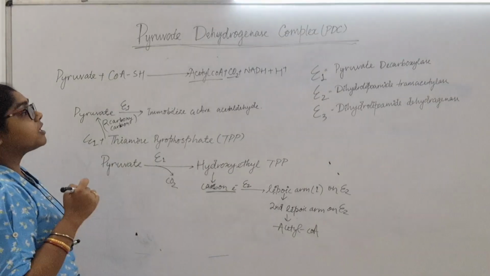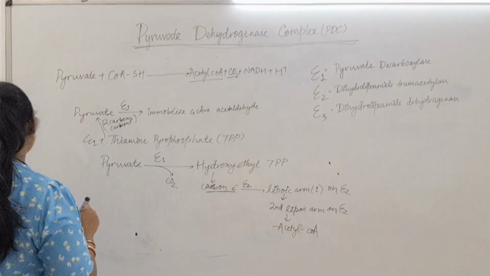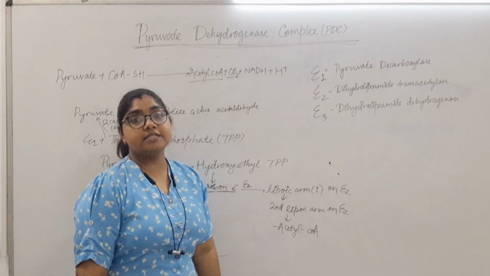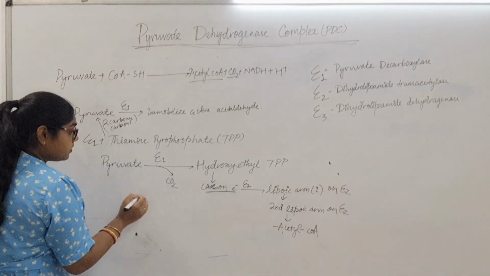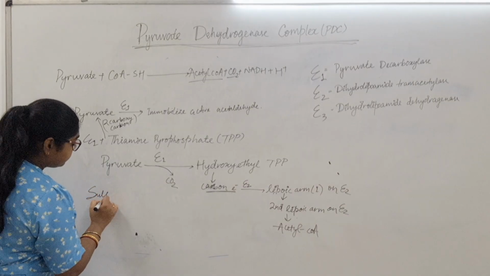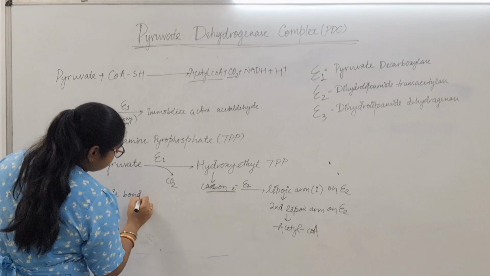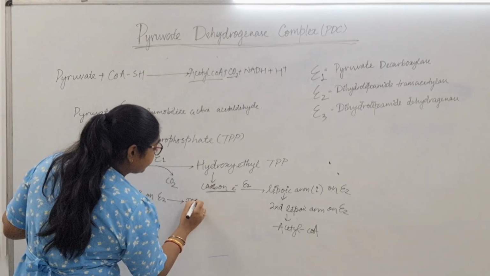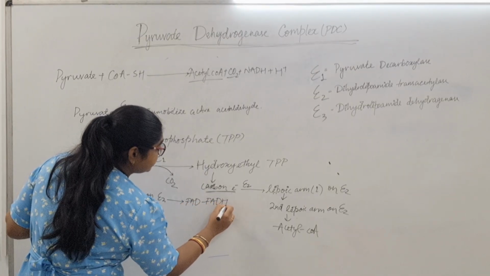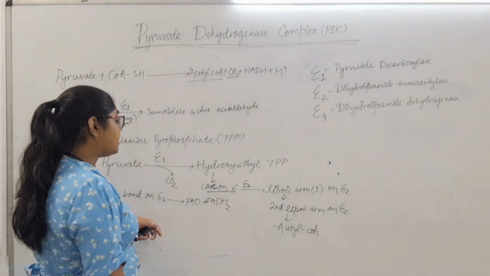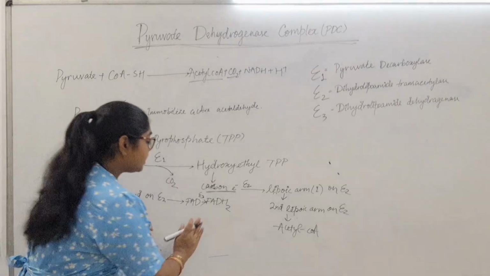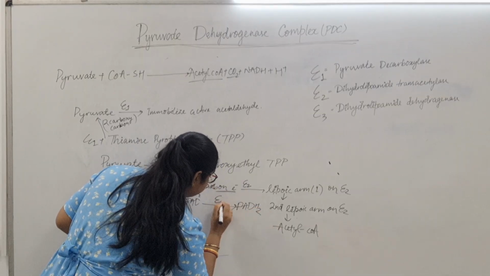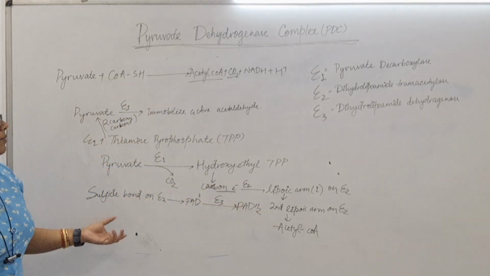Now the final step is the production of NADH. What happened here is that the sulfide bond present on the E2 subunit will be reduced, and along with it, it will reduce the FAD to FADH with the help of the E3 subunit, that is dihydrolipoamide dehydrogenase.